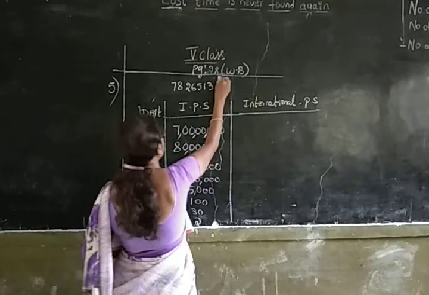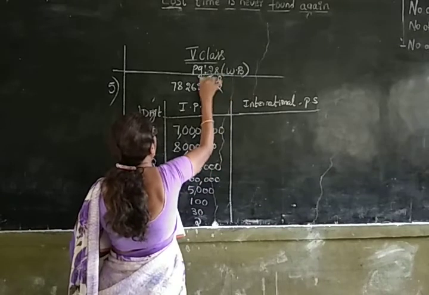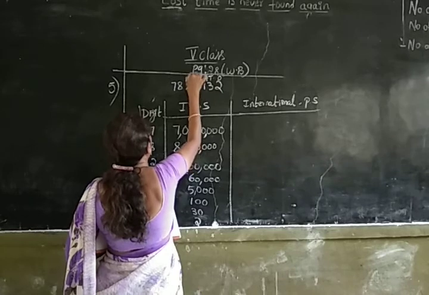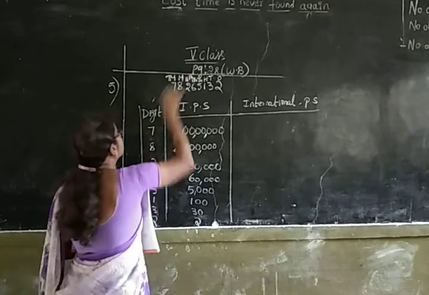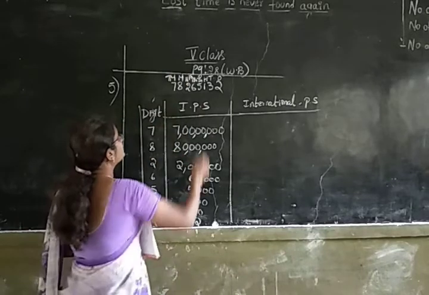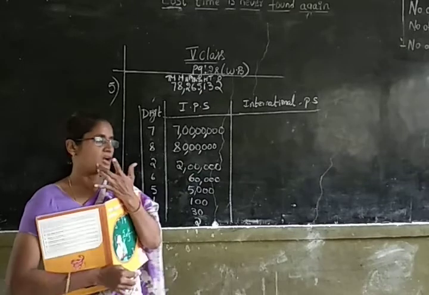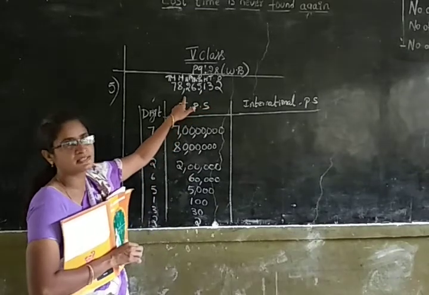So let us write down the places of the international system: ones, tens, hundreds, thousands, 10,000s, 100,000s, millions, 10 millions. In the international system, you have to place the comma after 3 digits. So I have placed the comma after 3 digits.